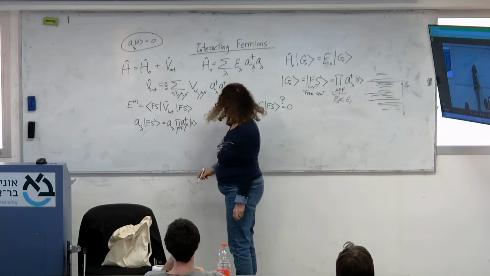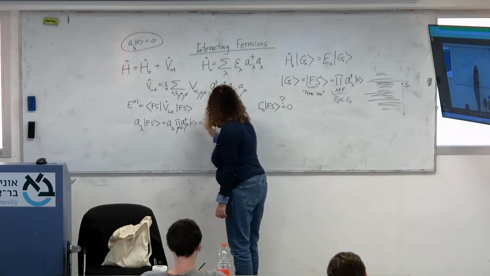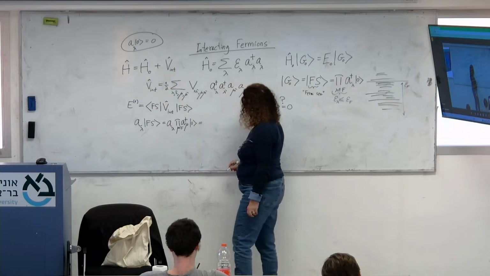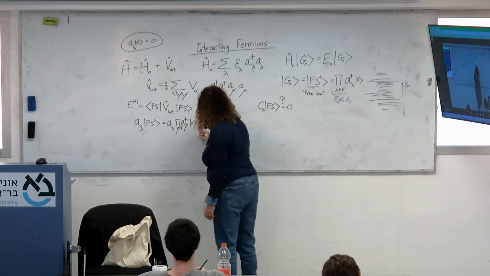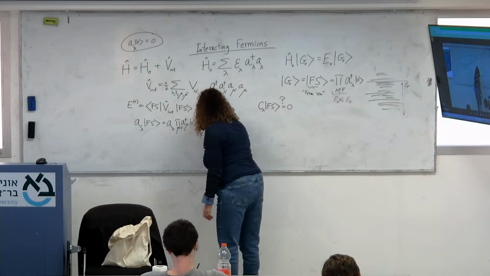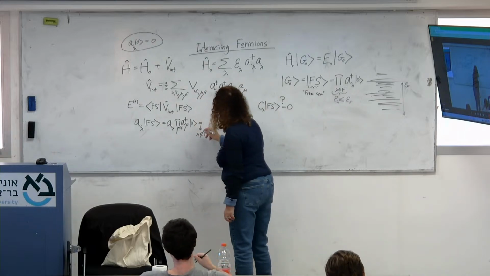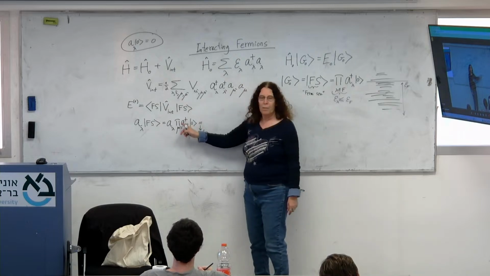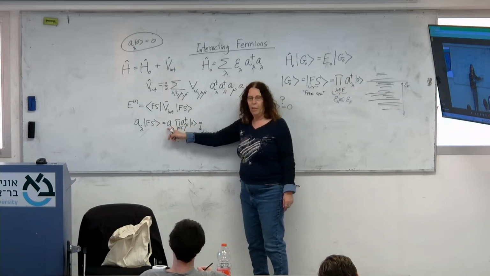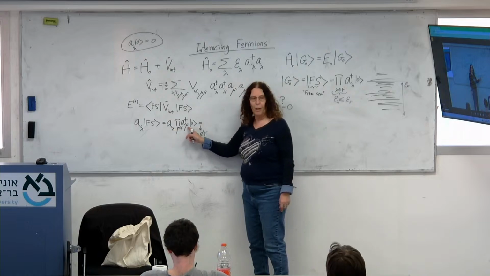Why? Because if lambda is not in F, then what we can do is we can reshuffle it all the way to 0, right?